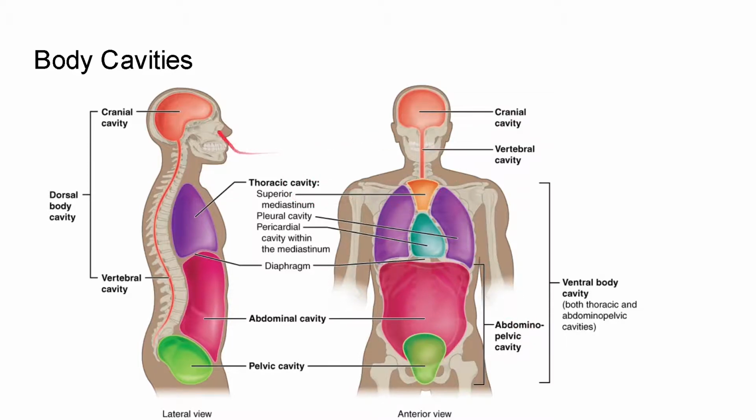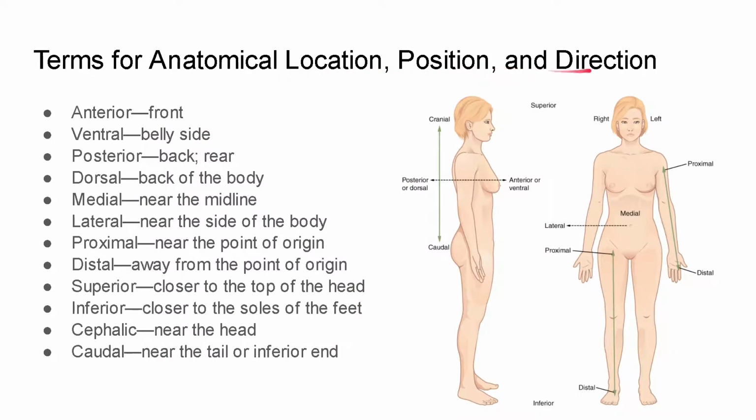So it's just good to know all this because when you're trying to reference the body, it helps you find out where things are in your body a little easier. Because if someone says something's in your pelvic cavity, you're obviously not going to look up here. It's near the pelvis.